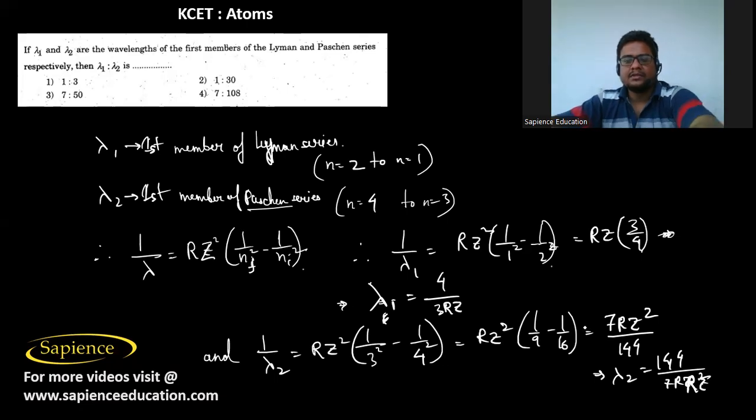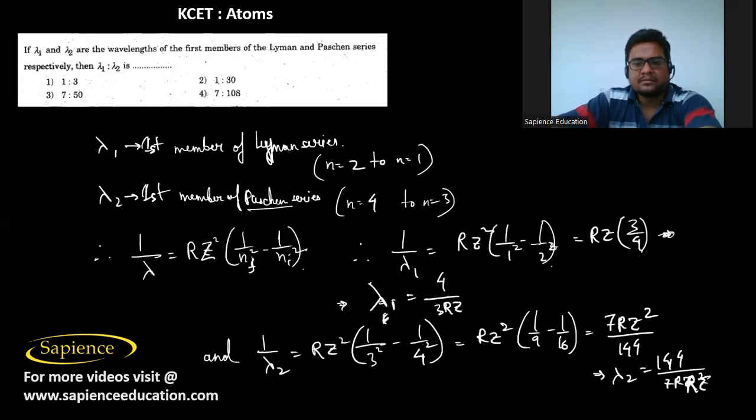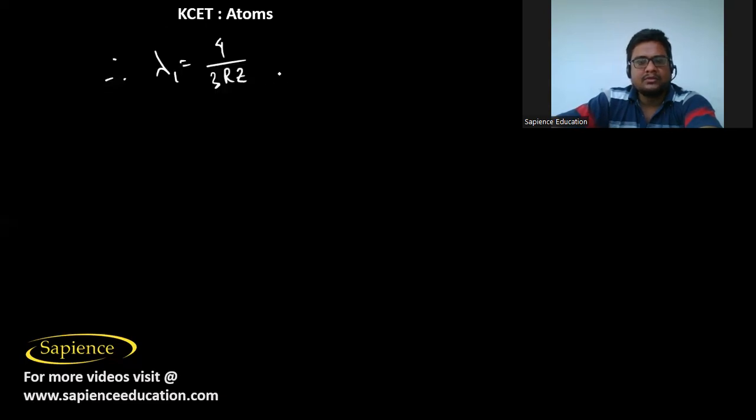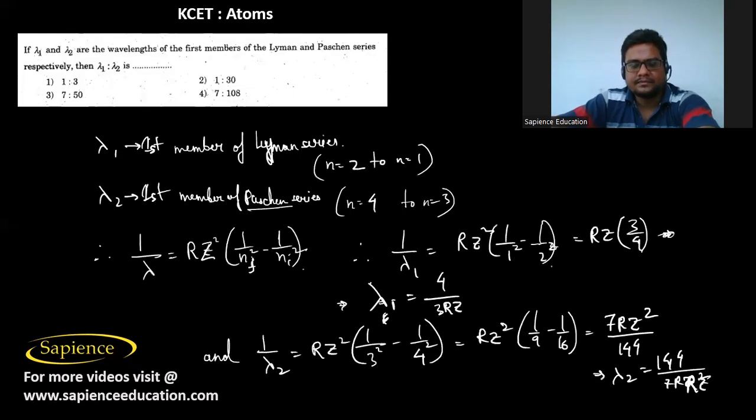Therefore, now lambda 1 we got, that is 4 by 3 R Z, and lambda 2 we got, that is 144 by 7 R Z square.